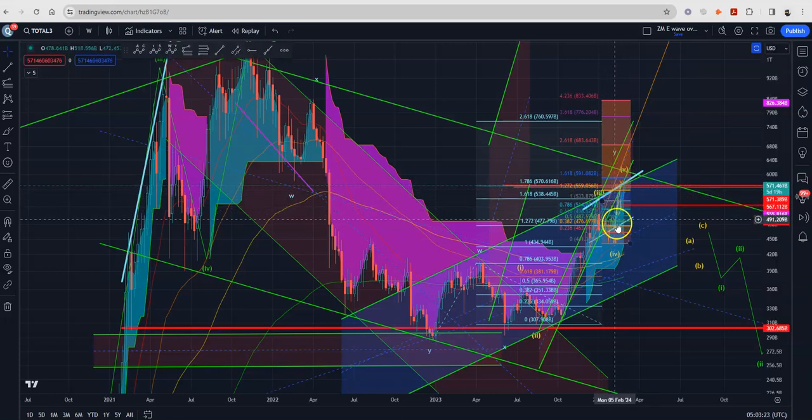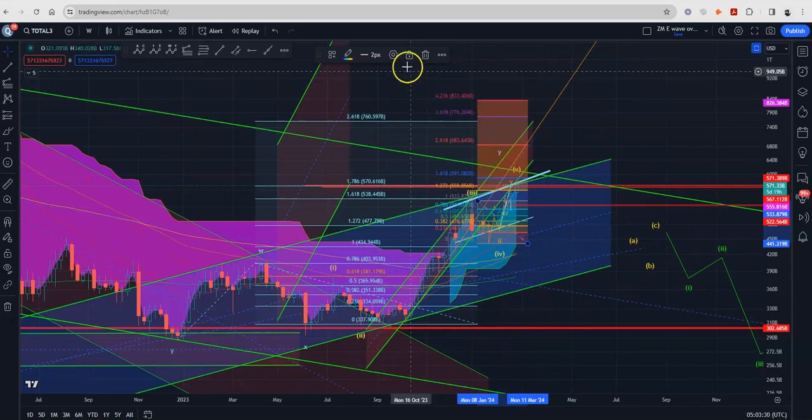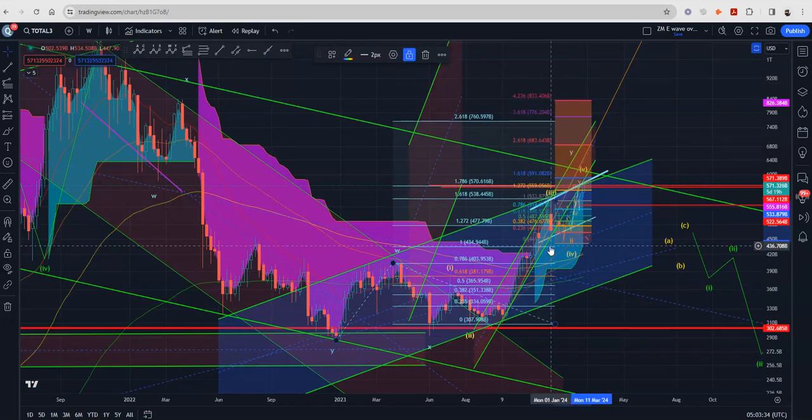I just wanted to hop on here and state the obvious: we're running into some exhaustion or resistance at this point right here, primarily in the form of divergence.